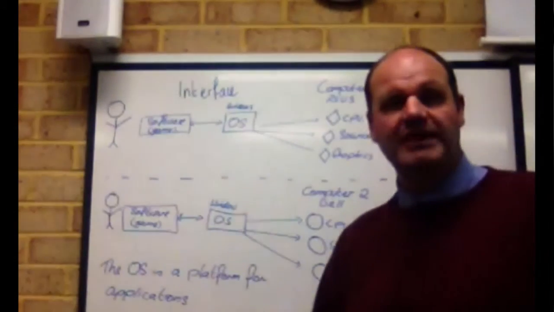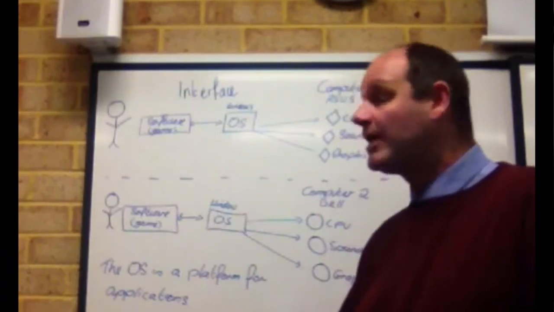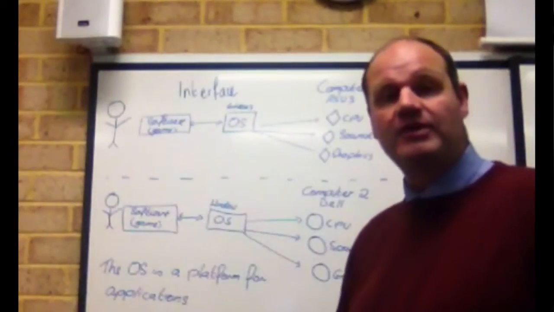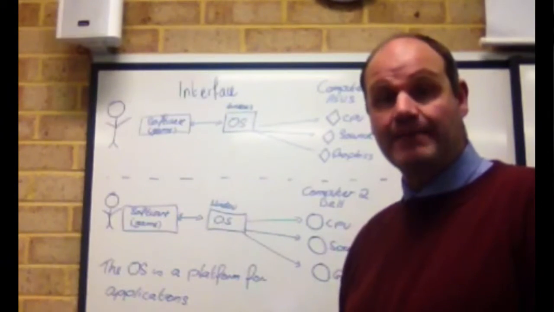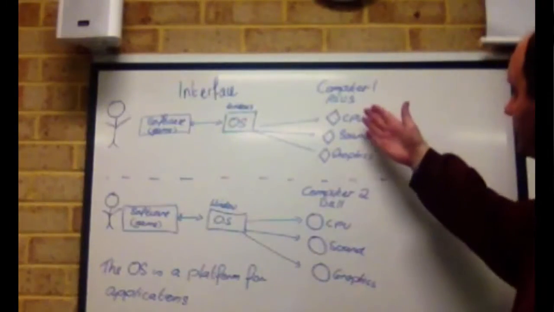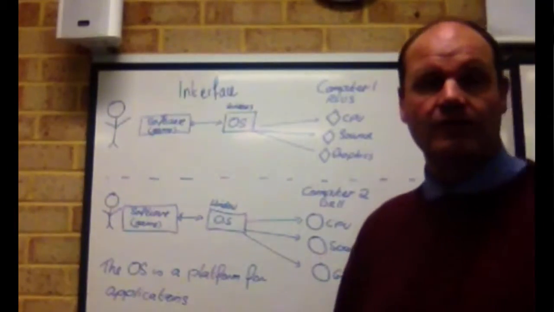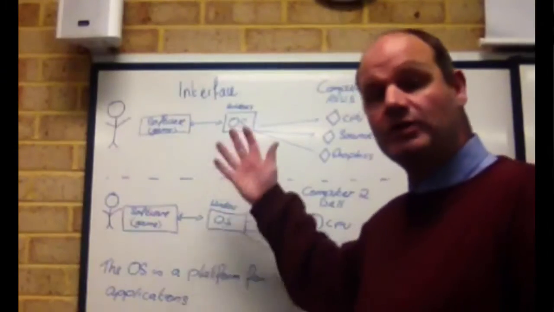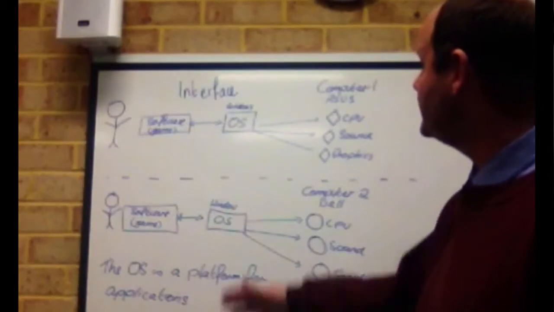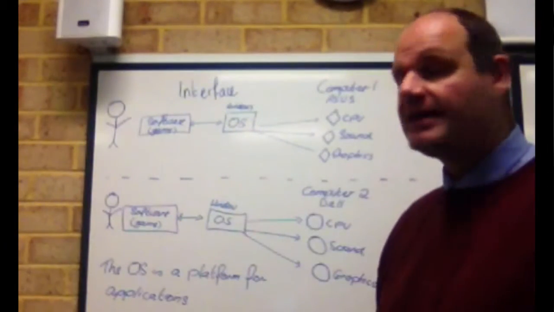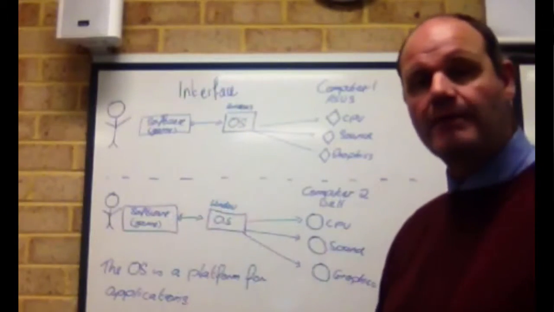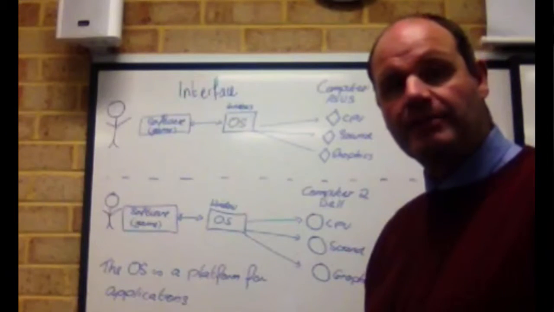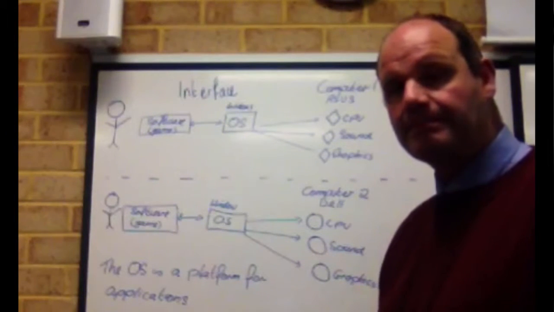The advantage is really for the programmer. The programmer does not have to create two different versions of the same game to run on different types of computers, or necessarily produce different language. The operating system is able to find out what the requirements are and then go to the hardware in order to play that particular game.